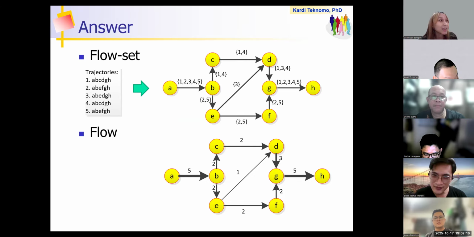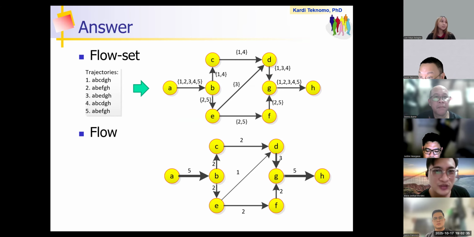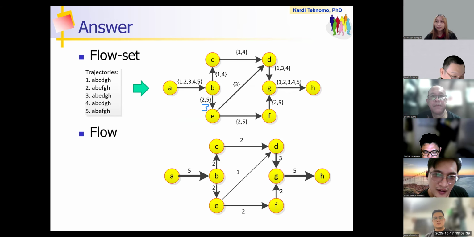I just wanted to ask if the flow from B to E, isn't the number 3 supposed to be included there? Oh yeah, that's correct. It must be a mistake because I did it manually. This one must be 3. Otherwise, how can it go up here, right? Thank you for the correction.